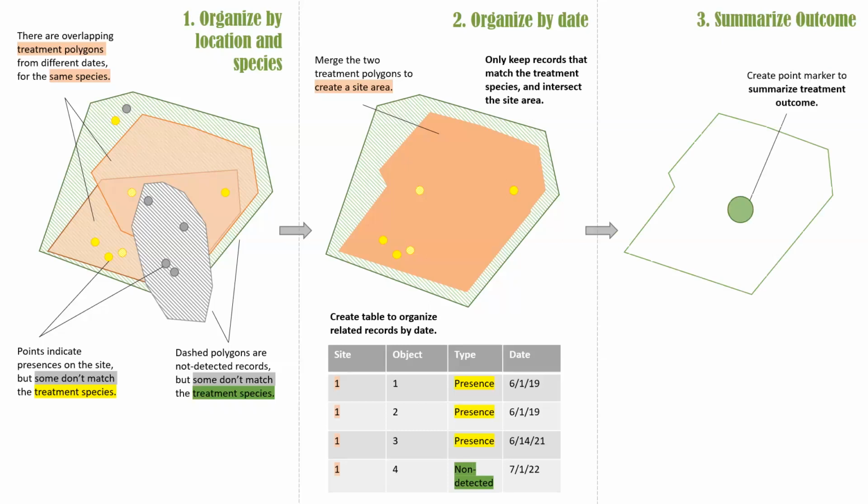We do that using the most recent record that is on top of all of that data. So in this particular example, the not detected record is our most recent record. So we end up symbolizing the site as not having any invasive plants at the moment, because the last recorded piece of information is that there wasn't anything there.